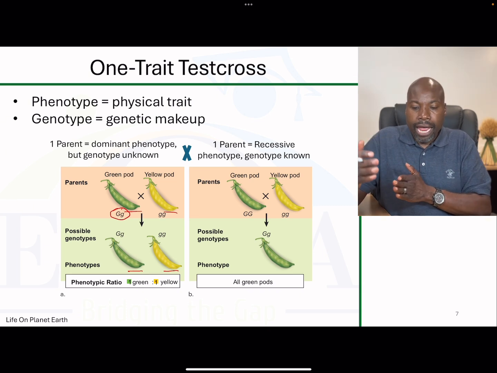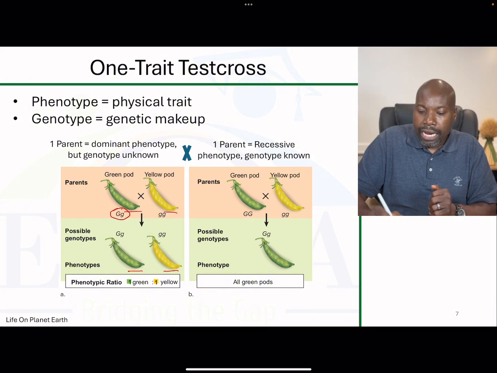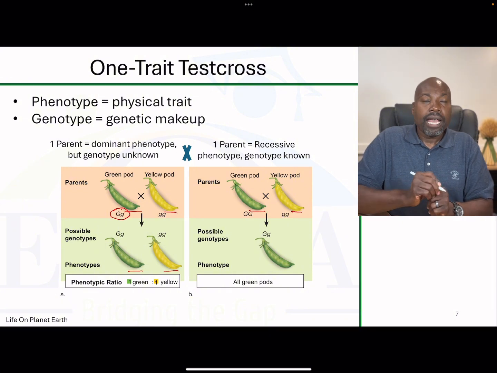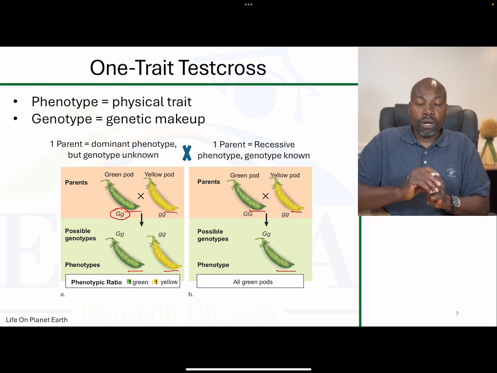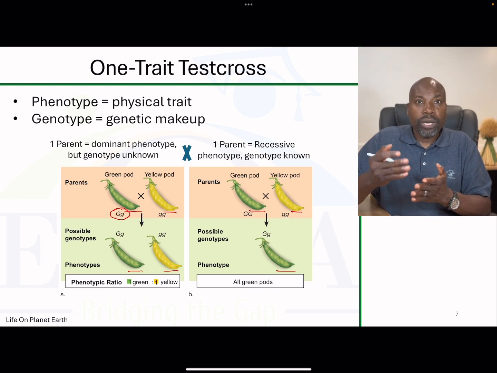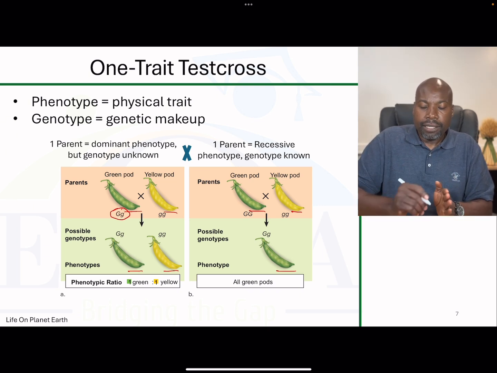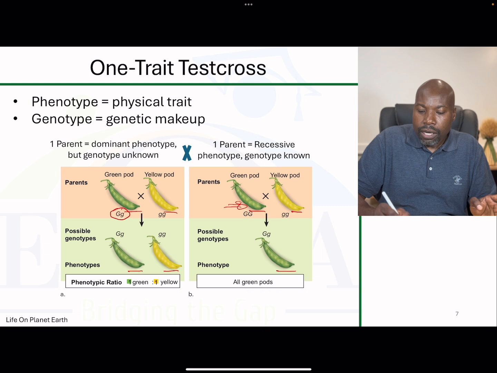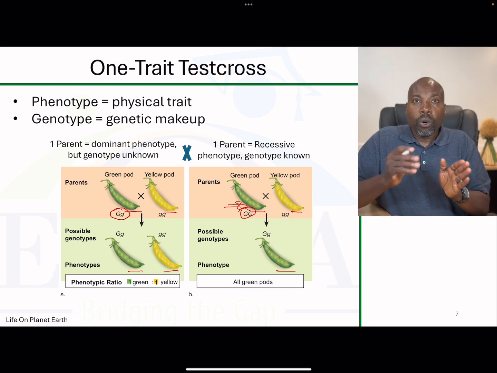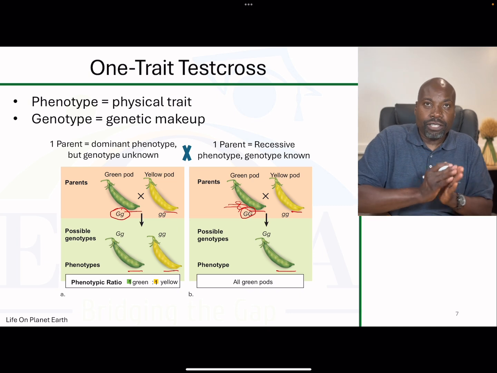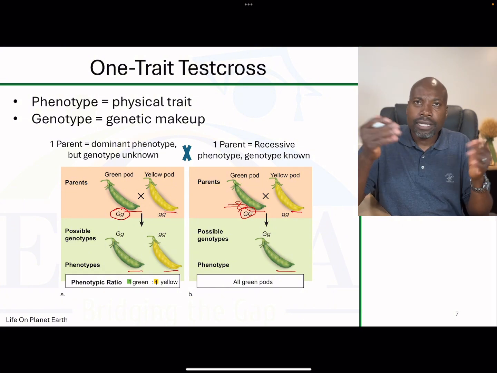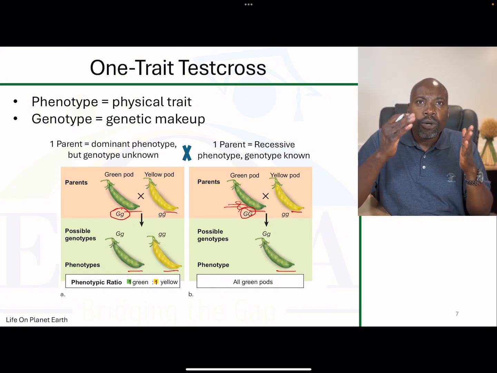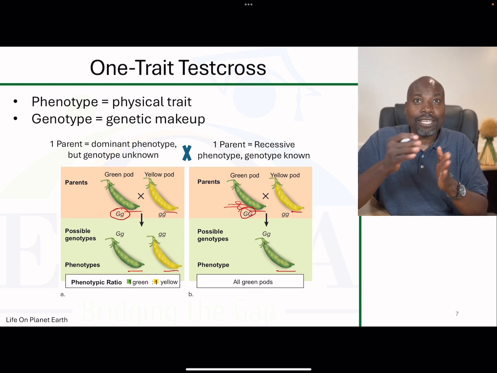While on the other hand, if he crosses again yellow and green and observes that all the individuals, 100% of the individuals, produced green pods, meaning that the parent up here was necessarily carrying capital G. I'm trying to avoid the use of the correct term, which actually, let me say it now, it's homozygous dominant, right?